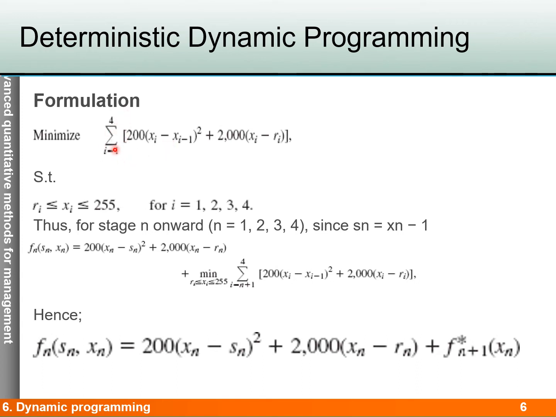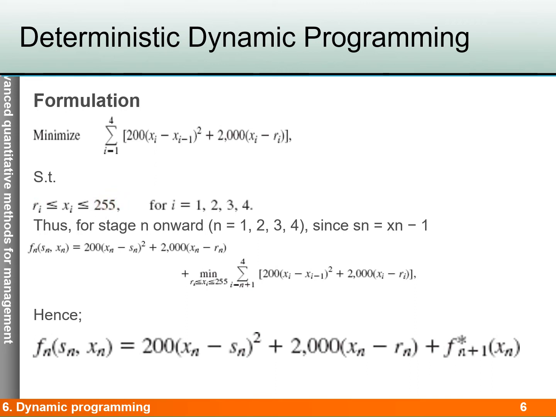And why from 1 to 4? Because they are identical periods, no? One summer, one autumn, one winter, and one spring. This objective function is subject to xi between ri and 255. What is ri? It is the relevant minimum of each of the seasons, and 255 is the maximum of all of them.